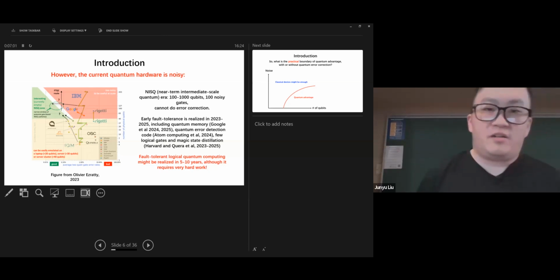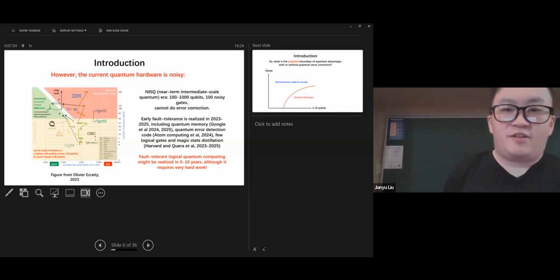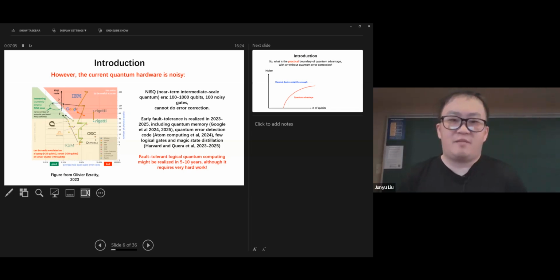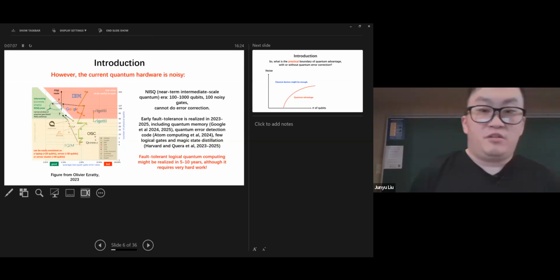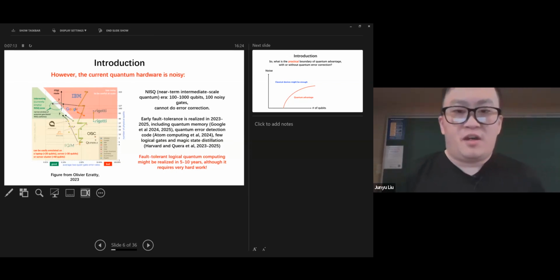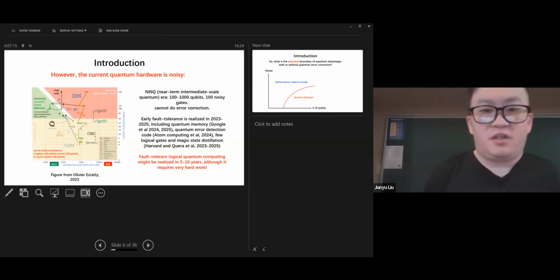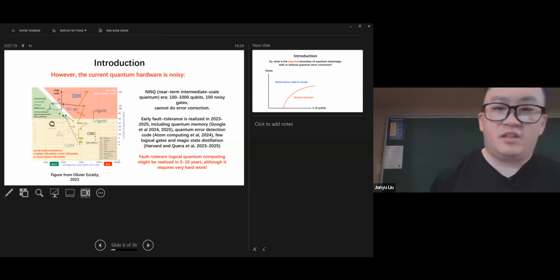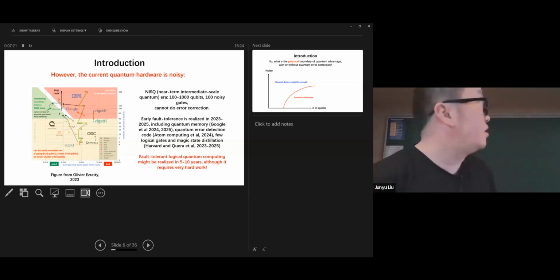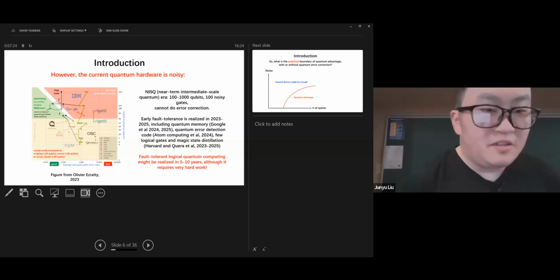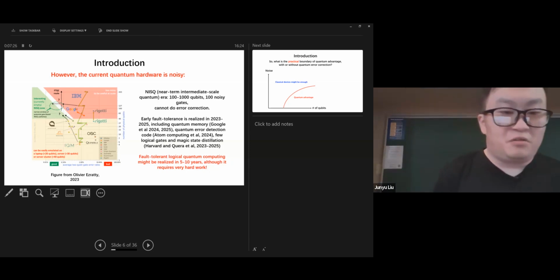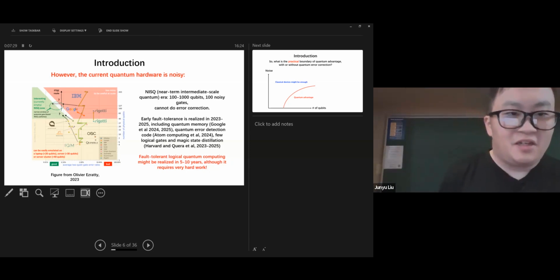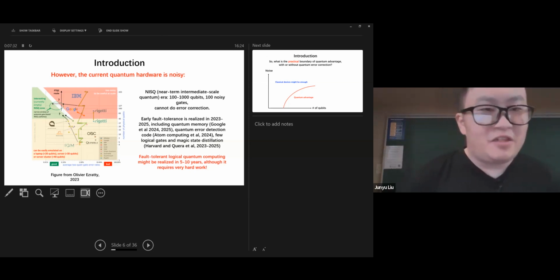So it seems that we are now able to realize a little bit of fault-tolerant technology. However, due to the complexity of especially mid-circuit measurement, fault-tolerant logical quantum computing might be realized in the next 5 to 10 years, although it might require very, very hard work. This picture itself was produced in 2023. I believe it must have a lot of updates nowadays.